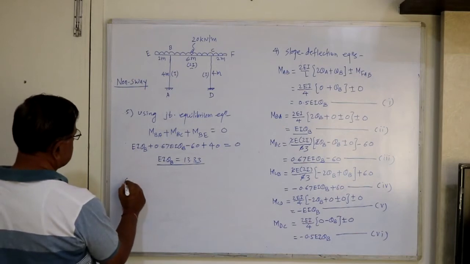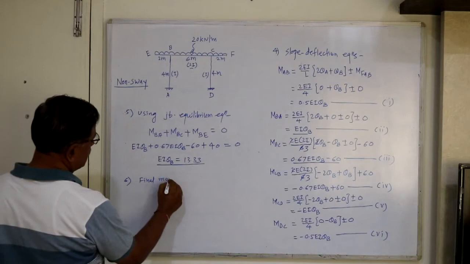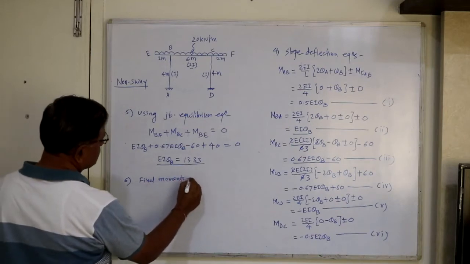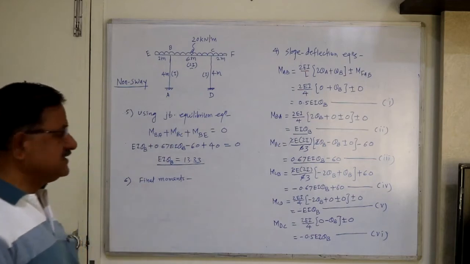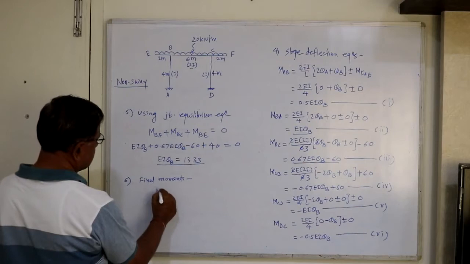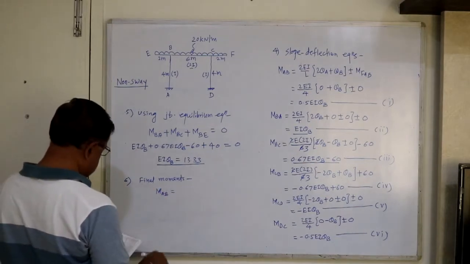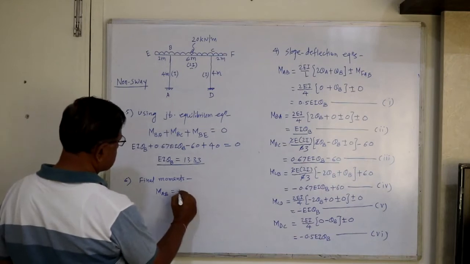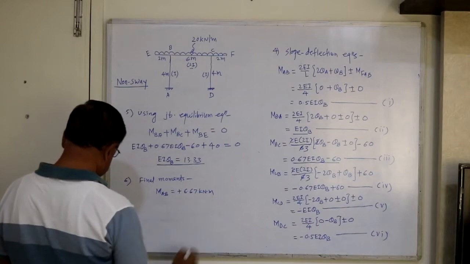So final moment, next step, final moments. So substitute this EI theta B in slope deflection equations 1 to 6 and find out all these values. So MAB, you will get this as clockwise plus 6.67 kilonewton meter.